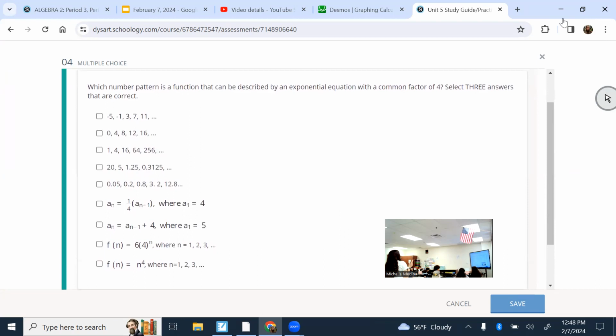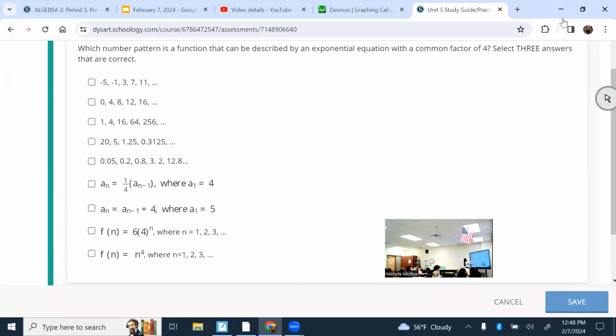So for this one, which number pattern is a function that can be described by an exponential equation with a common factor of 4? You're going to select 3 answers. So exponential equations. What is our general formula for those? Christina?